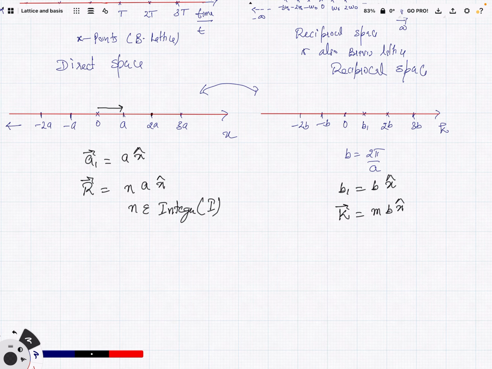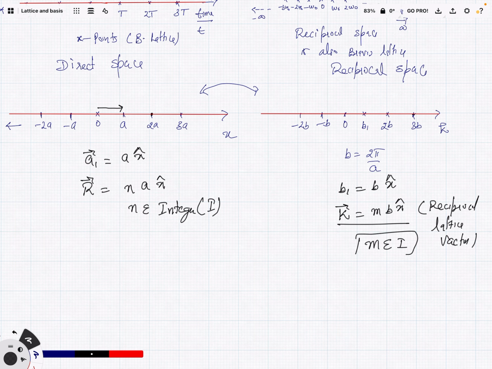So I can reach any point. This is called the reciprocal lattice vector. Say I want to reach this point, this is my reciprocal lattice vector, where m again belongs to integers. So you see the reciprocal space and the direct space are again a Fourier pair to each other.